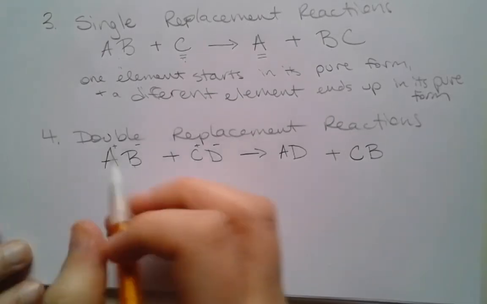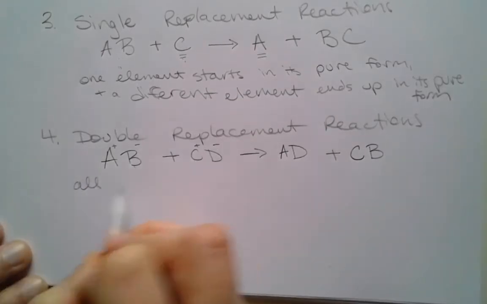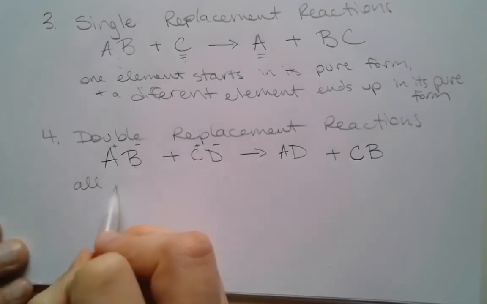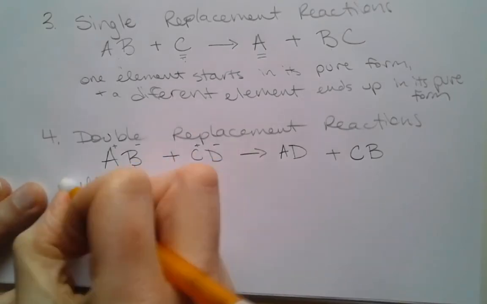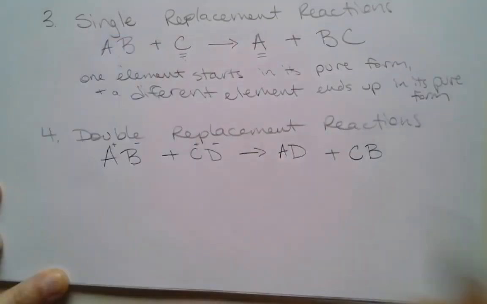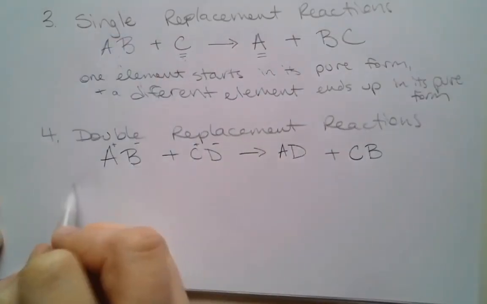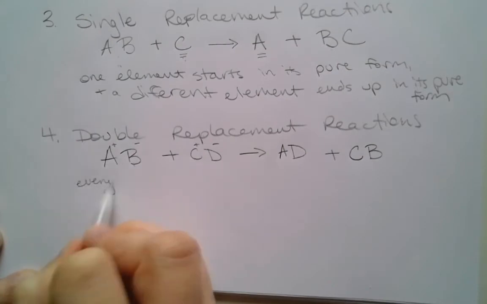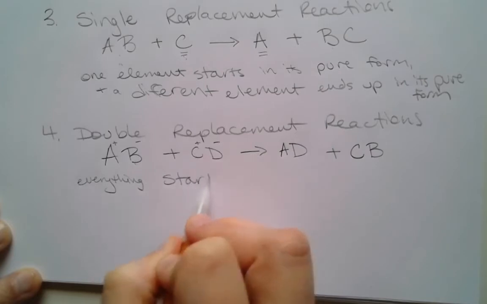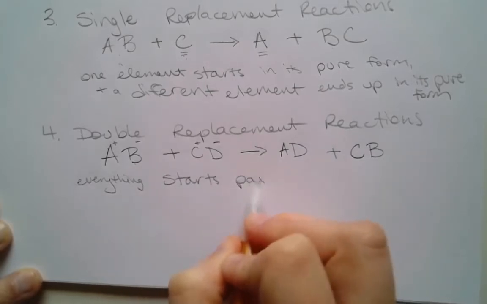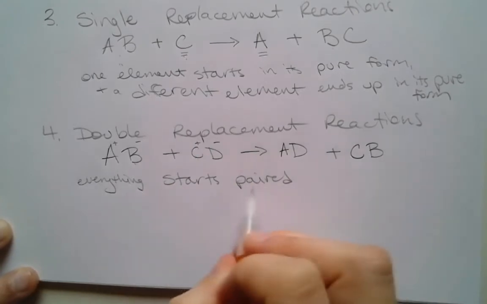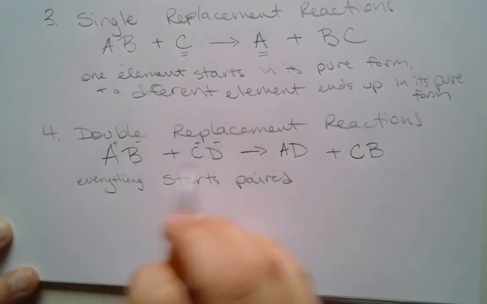In a double replacement, all things, like all pieces, everything starts paired and ends up paired, but all of the pairs switch. Starts paired. Or in a compound, or I'm saying paired, but what I mean is like not alone.